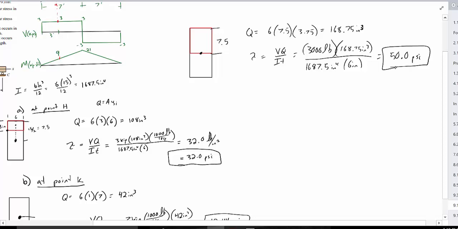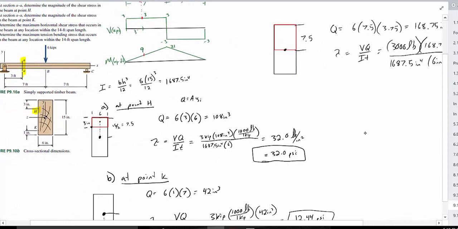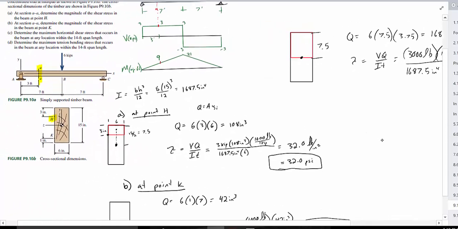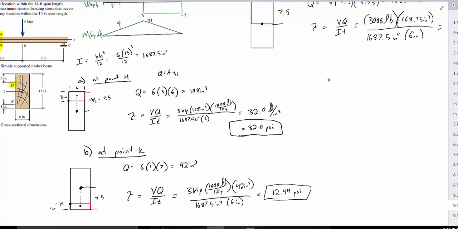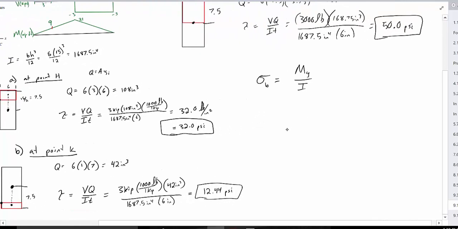So the last part of this question asks for the maximum bending stress at any location on this beam. So the maximum bending stress is going to equal My over I, right? So our distance, our y value, is going to be our 7.5.